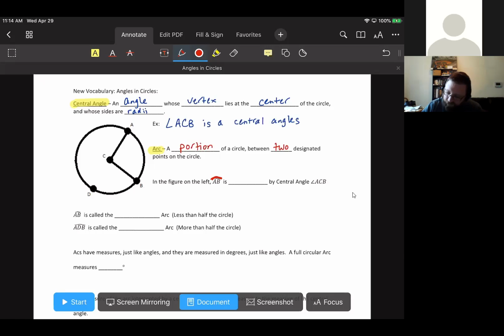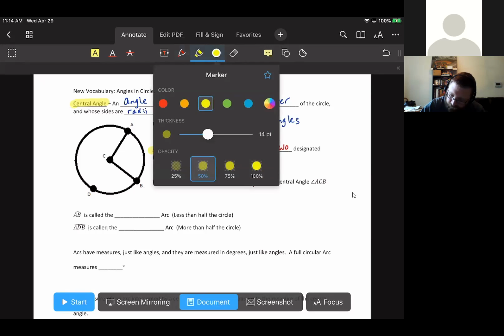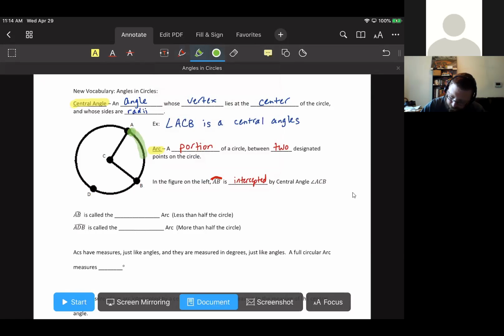In the figure on the left, arc AB is what we call intercepted by central angle ACB. Here's the arc right here. That is arc AB, between A and B.